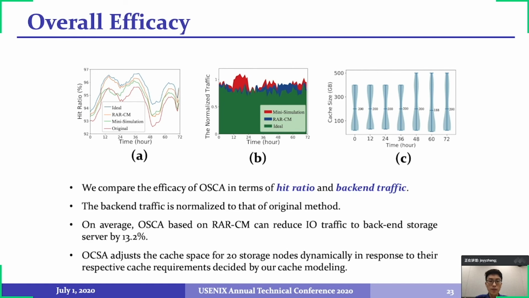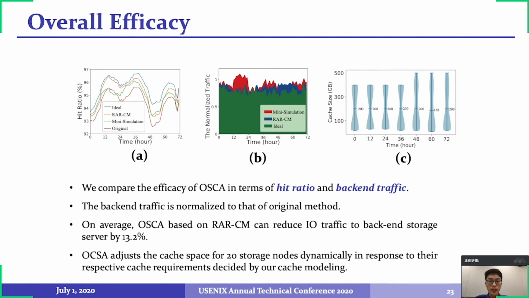From the figure, we can know that on average, OSCA based on the reaccess ratio based cache model can reduce I/O traffic to backend storage server by 13.2%, and the reaccess ratio based cache model results in slightly better hit ratios than miniature simulation, except for hours from 48 to 60.